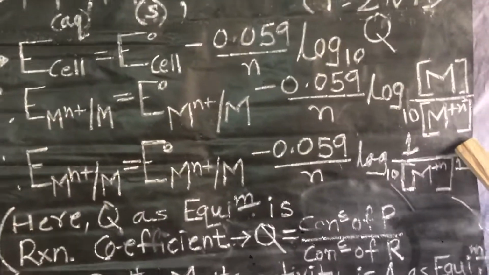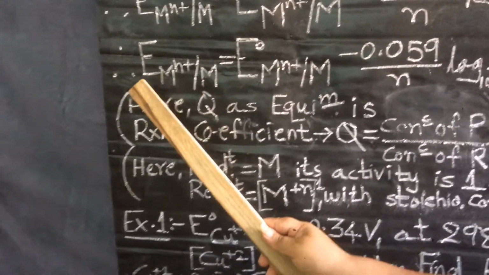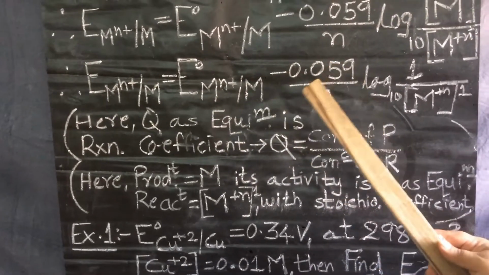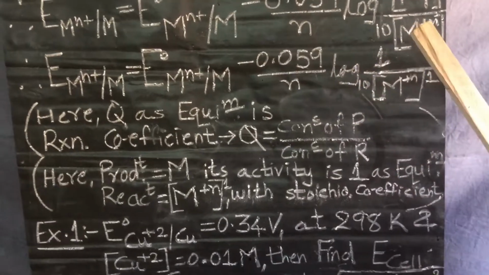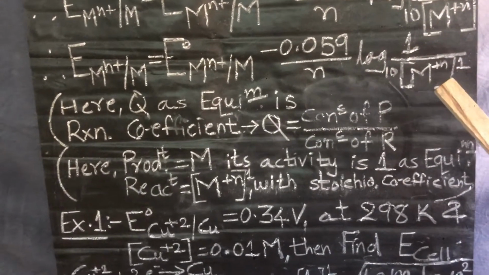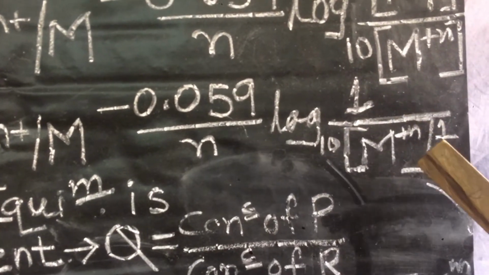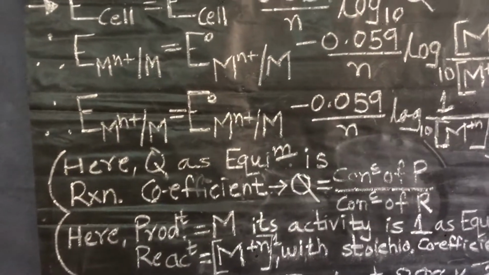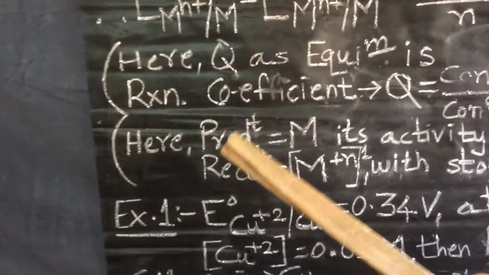But now, please pay attention here. Cell potential is equal to standard cell potential minus 0.059 upon n log 1 by M^n+ raised to 1. Now from where has this 1 and M^n+ raised to 1 come? So once again, pay attention here. Product here is equal to M.